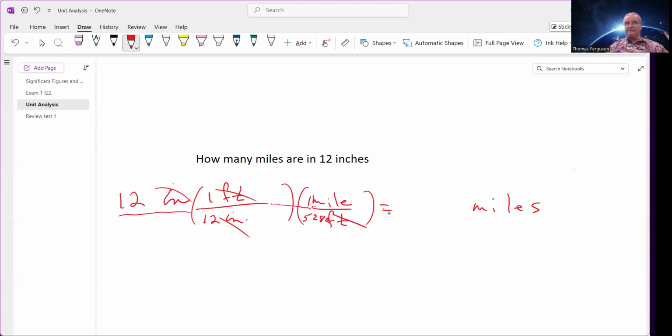As far as a calculator is concerned, the dumb calculator, it's a division problem. Okay, so we're going to multiply everything on the top, hitting the times key, and then we're going to hit the divide key for everything on the bottom. So we're going to go 12 times 1 times 1 times 1, it's 12. Divided by 12, hit the divide key again, 5280.